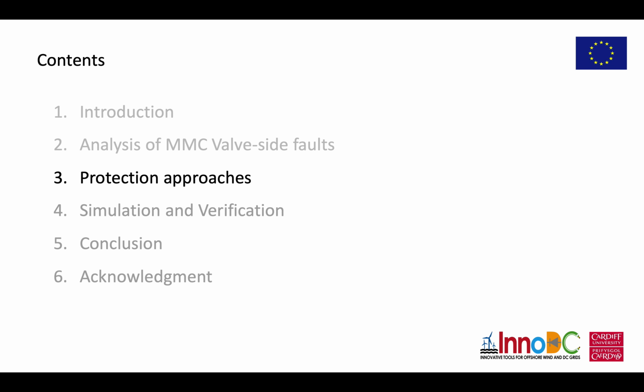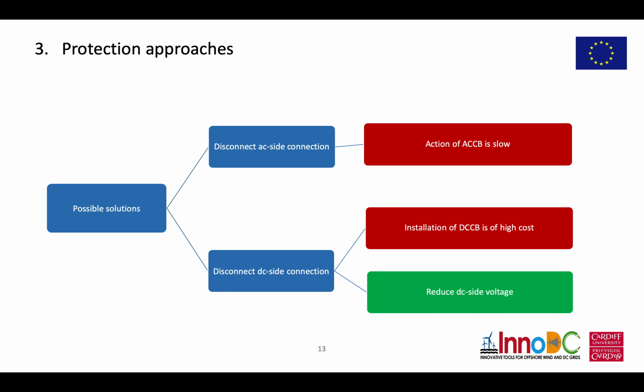In order to avoid this kind of overvoltage, some protection approaches have been proposed. Normally there are two kinds of possible solutions to protect against the valve-side AC fault. One is to disconnect the AC side connection.